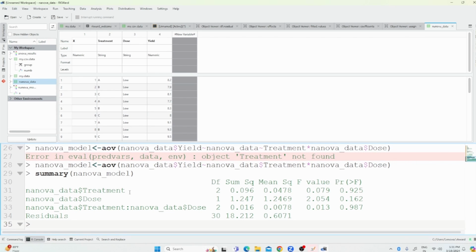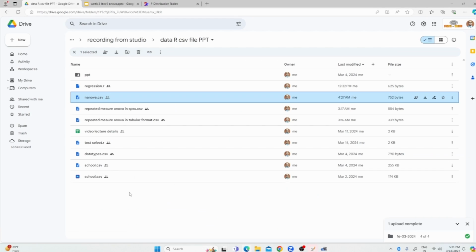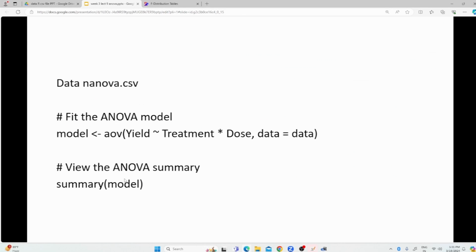The one-way with the between group with treatment, the between group with dose, and then the combination of them. All three of them are not significant. Why are we saying this? Because the p value is more than 0.05, okay, which tells that nothing is affecting. Okay. So, in that way there is no significant effect.